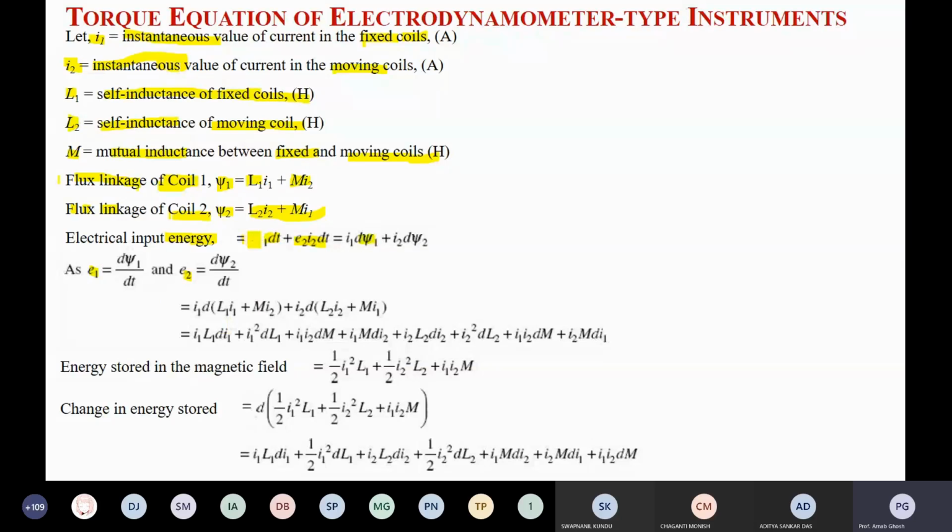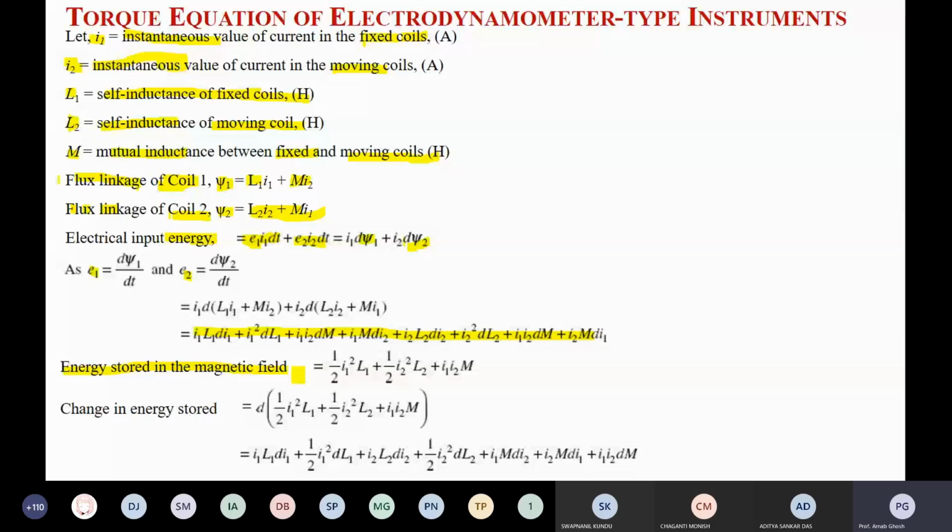So what is the energy stored in the magnetic field? All of you know, half L I square. For coil 1, it will be half I1 square L1 plus half I2 square L2, and the energy stored due to the mutual inductance is I1 I2 into M.